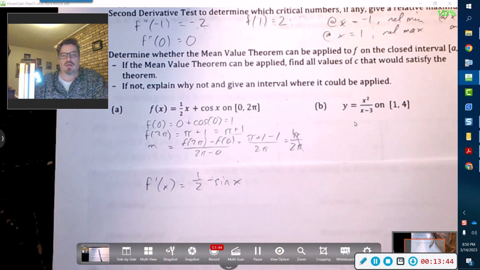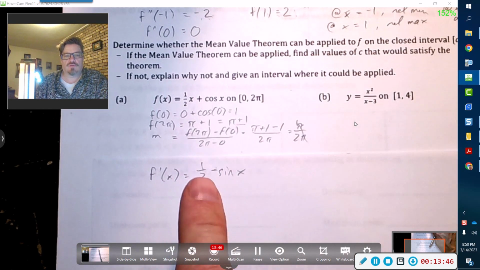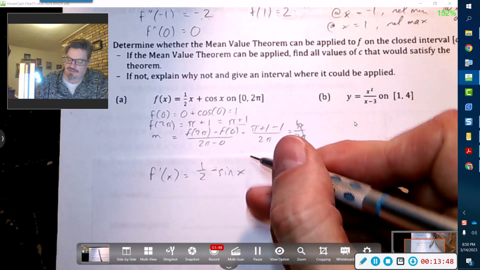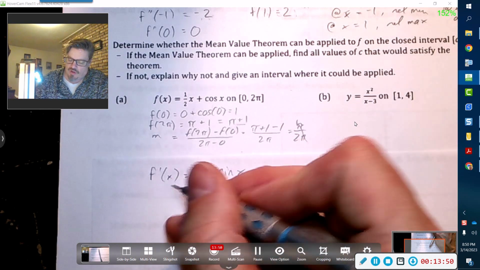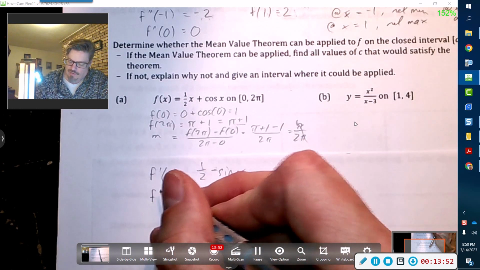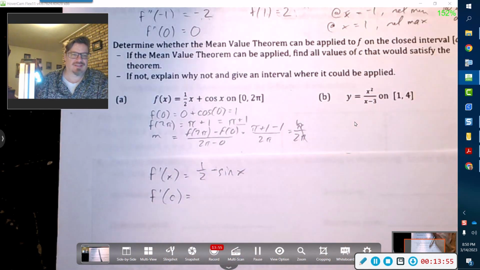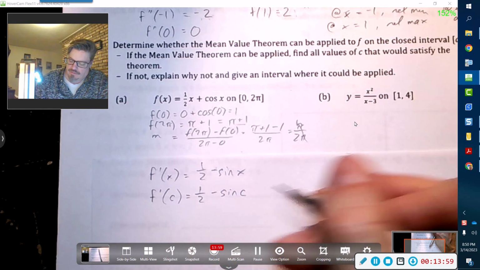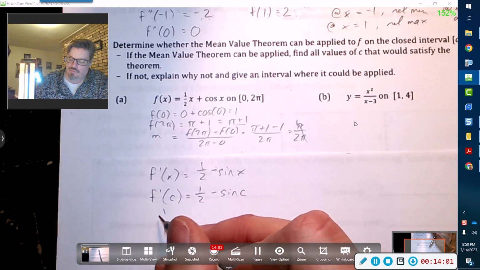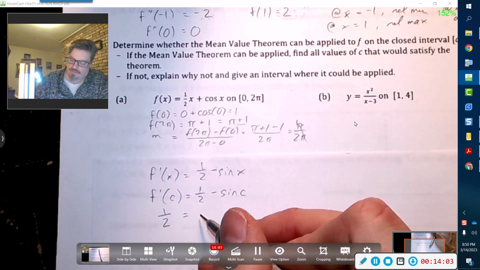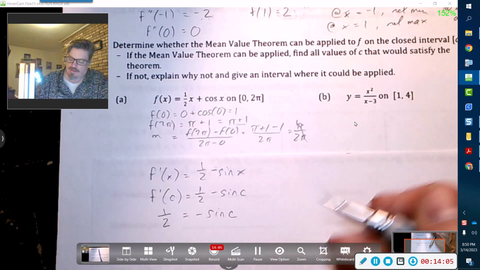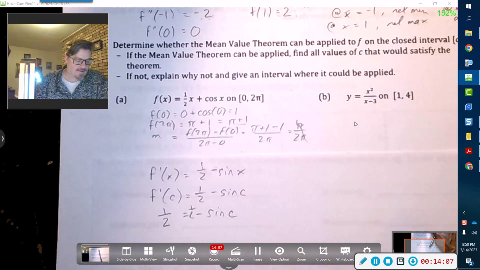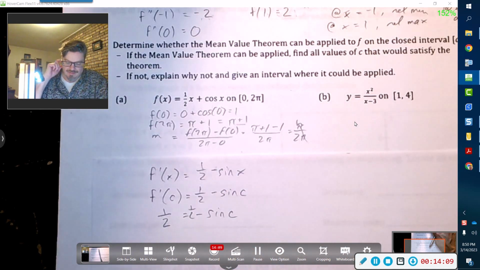Now this derivative, we can call it c, the common letter that they use, and we want to know where it equals 1/2.